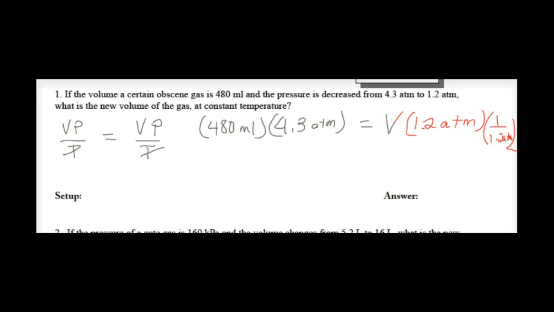So then that looks like this: 1 times 1 over 1.2 atmospheres. And what that turns into is 480 milliliters times 4.3 atmospheres divided by 1.2 atmospheres.